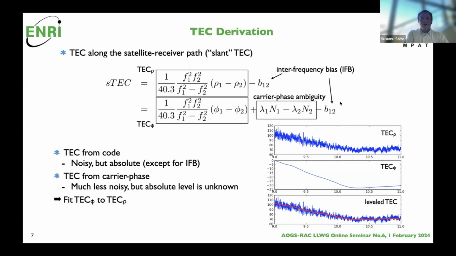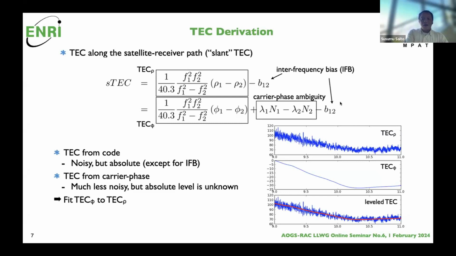But we know that there are interfrequency biases, which arise due to the different hardware delays in the satellite as well as in the receiver. So we need to estimate this bias.